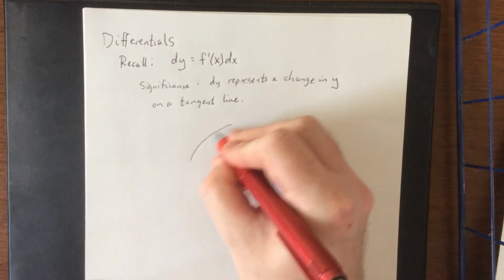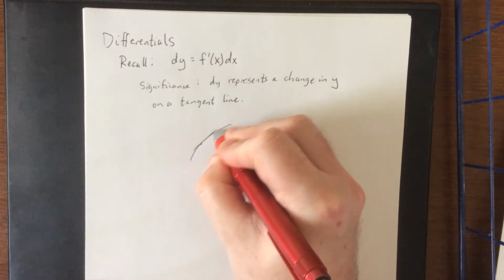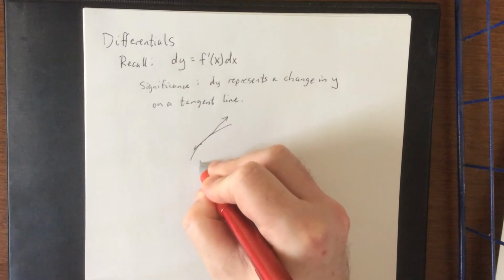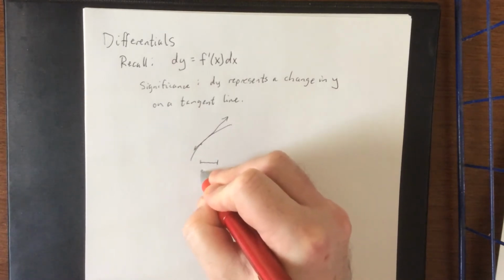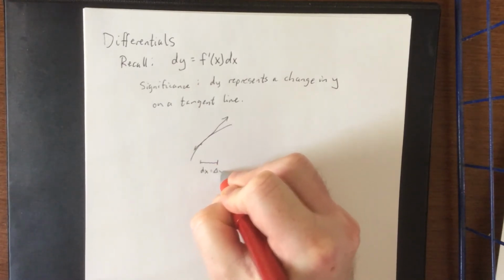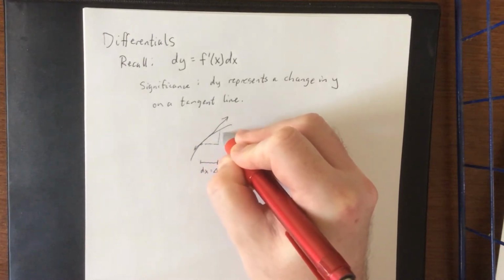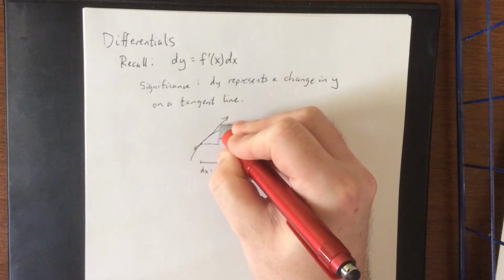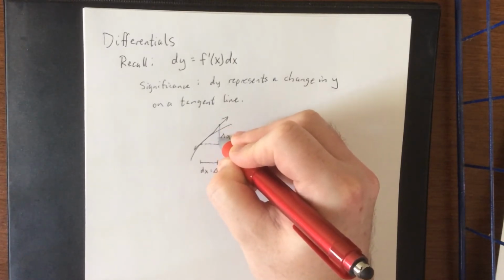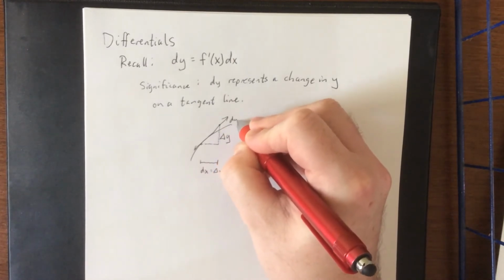So given a curve and given a tangent line, if we create a little tiny change in x, we can refer to that as dx or delta x. The actual change in y on the function was referred to as delta y, whereas the change in y on the tangent line was referred to as dy.